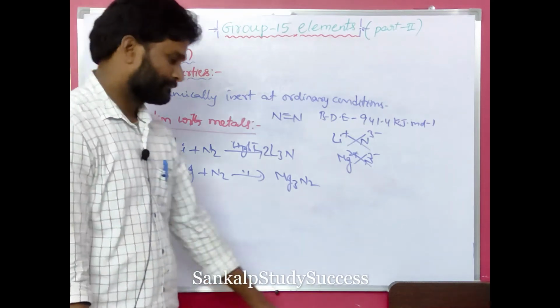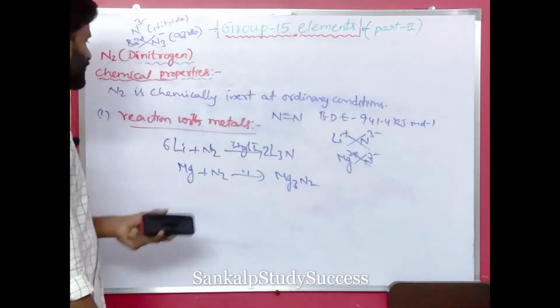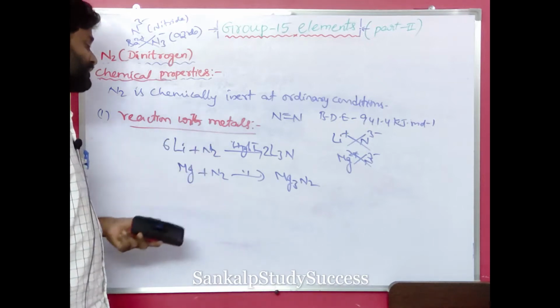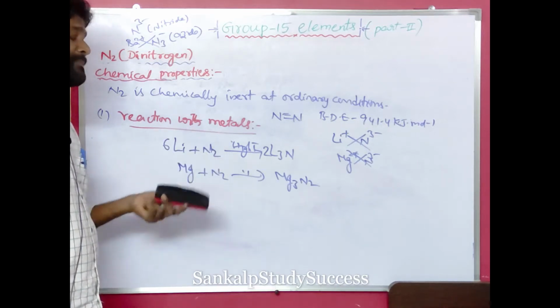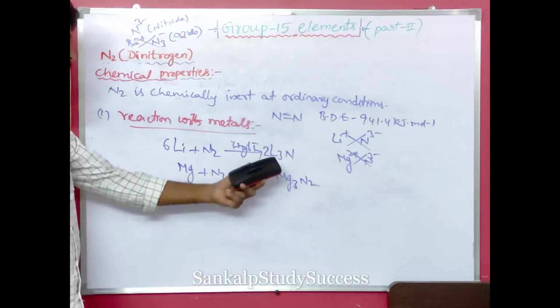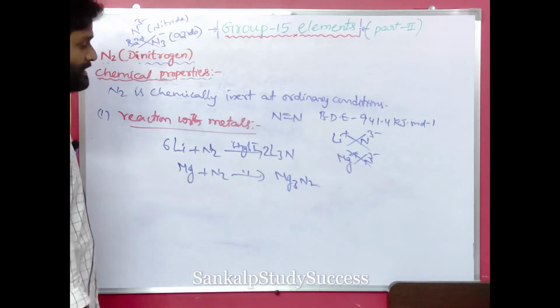So nitrogen can react with metals like lithium and magnesium at high temperature to form lithium nitride and magnesium nitride respectively.